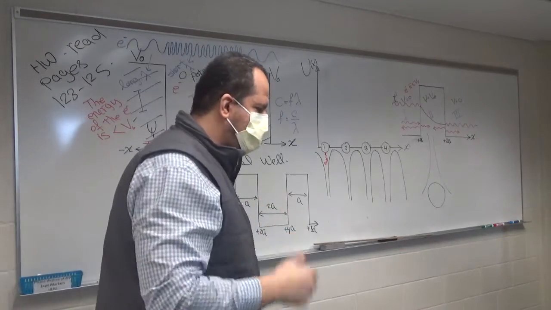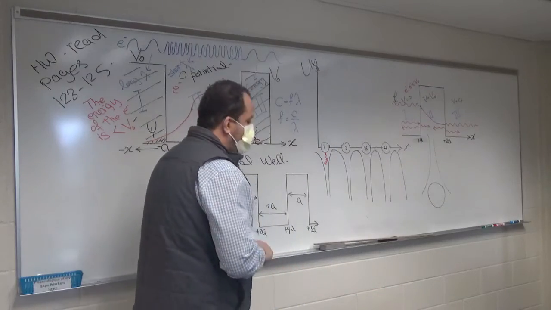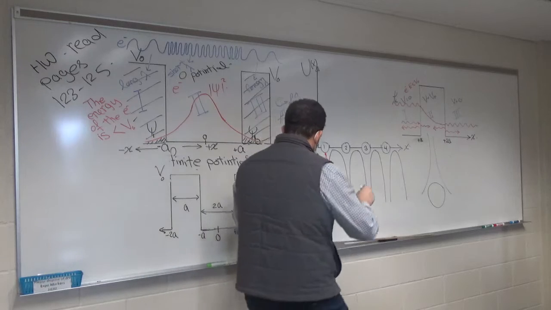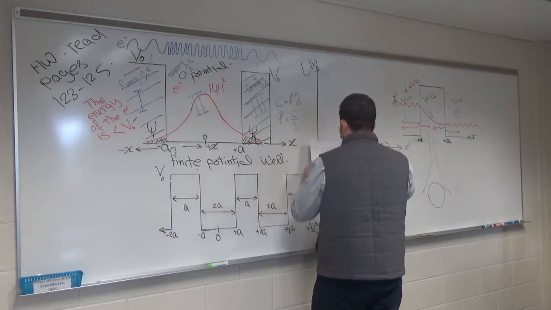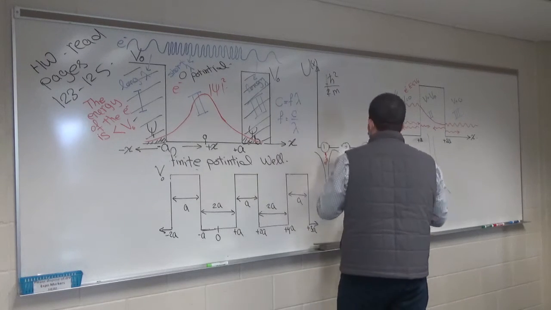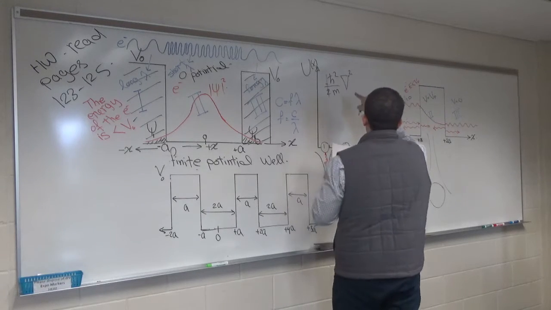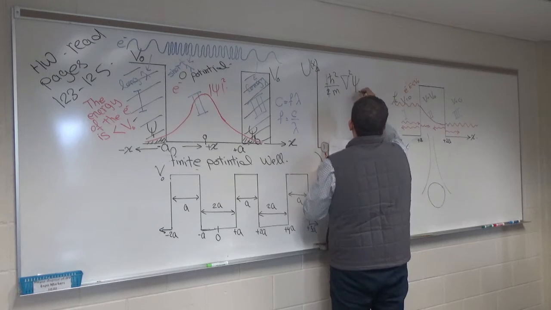So what did Bloch do here, guys? He also used the Schrödinger equation and considered the potential as a function of r. He wrote minus h-bar squared over 2m, del squared, which is in 3 dimensions, and I will tell you what del squared is.